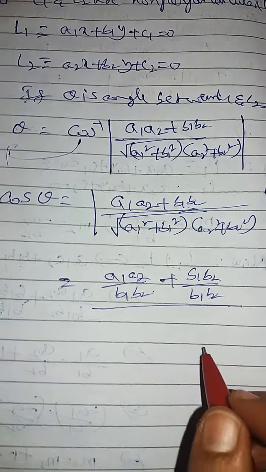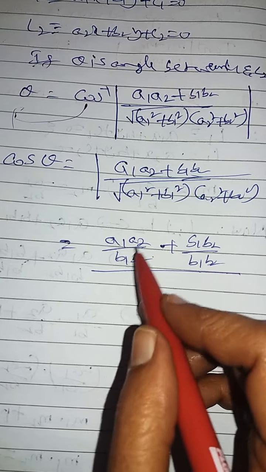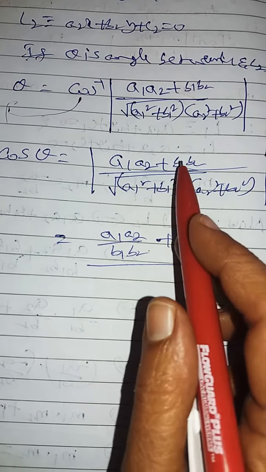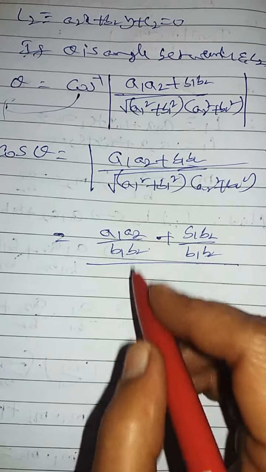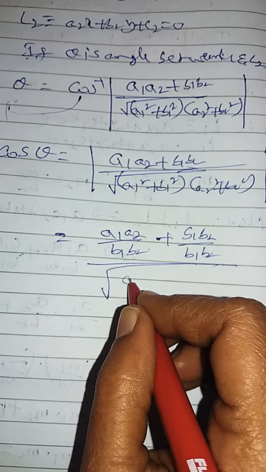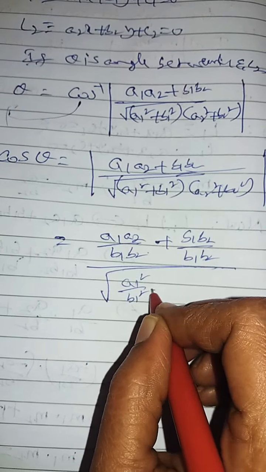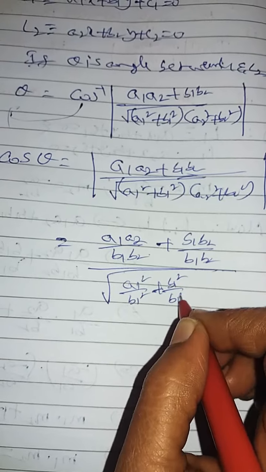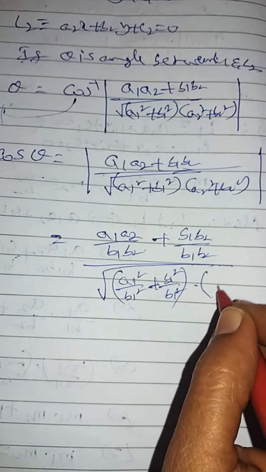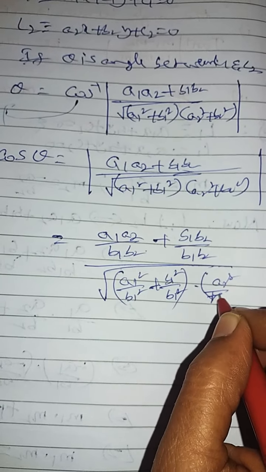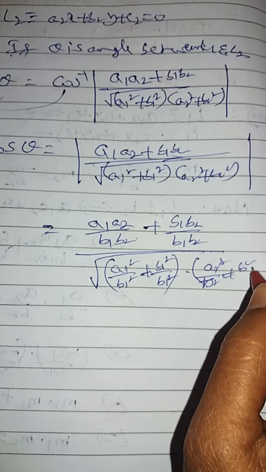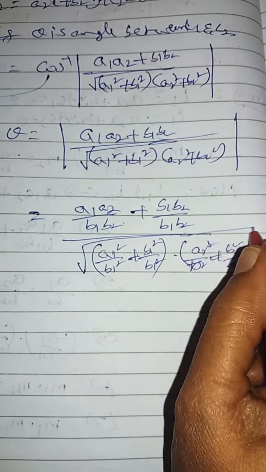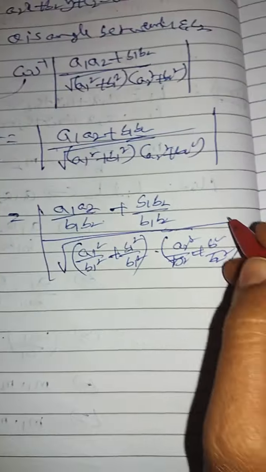I will turn the whole equation in terms of a1 by b1, a2 by b2. Now the denominator will become a1 square by b1 square plus b1 square by b1 square into a2 square by b2 square plus b2 square by b2 square.